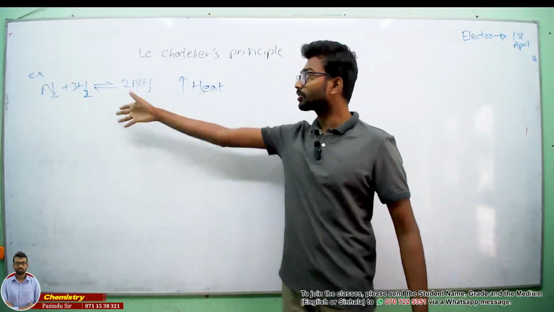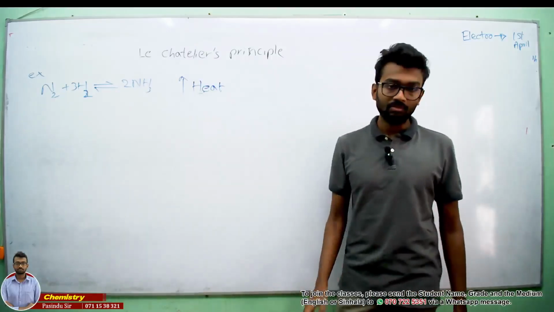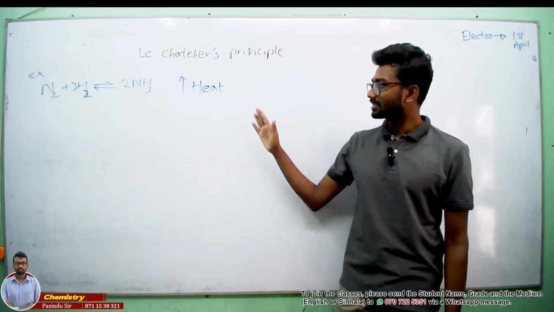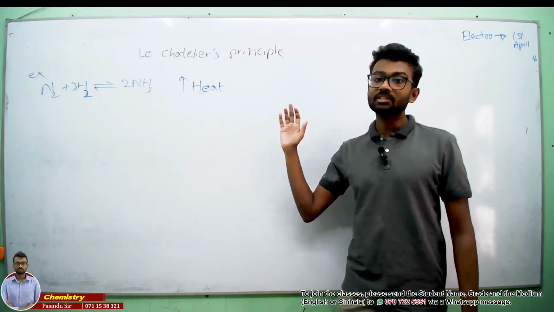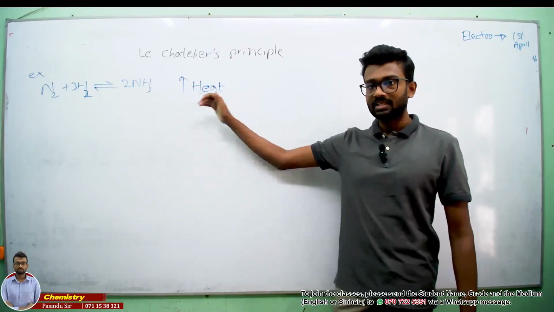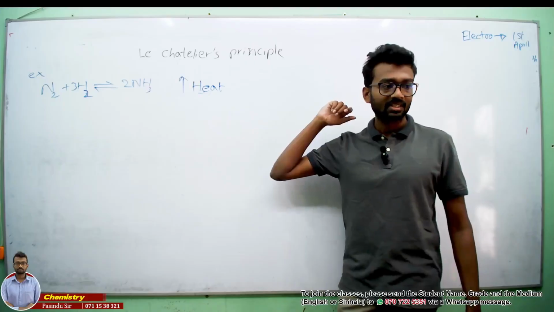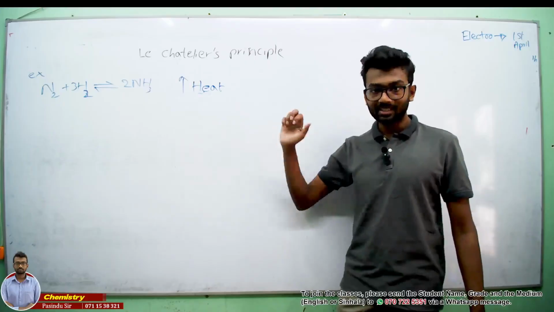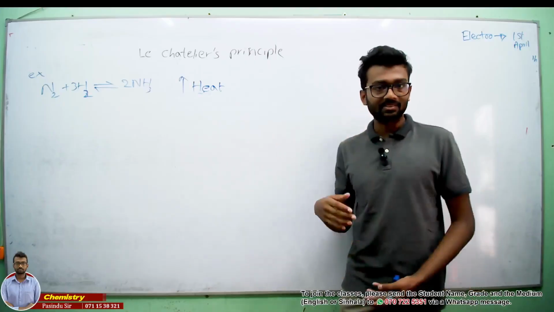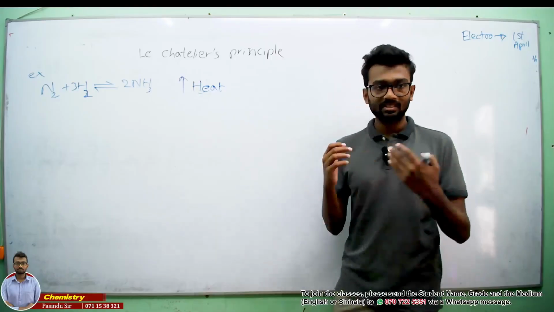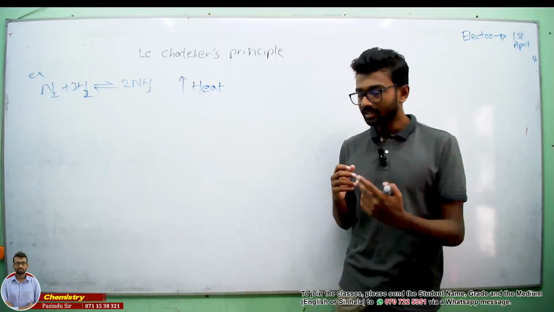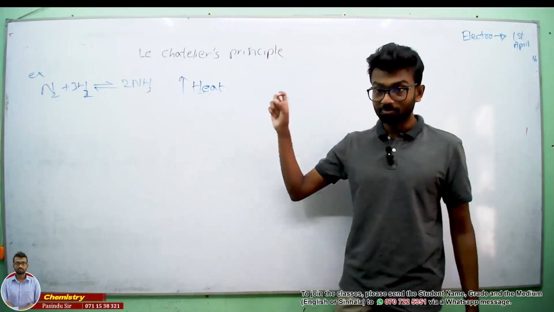Some people think that when you increase the heat, the endothermic reaction will increase and the exothermic reaction will reduce. It's not that the endothermic rate increases and the other one doesn't. The rates of both increase and the system achieves equilibrium very quickly. Reaction of both sides will increase.